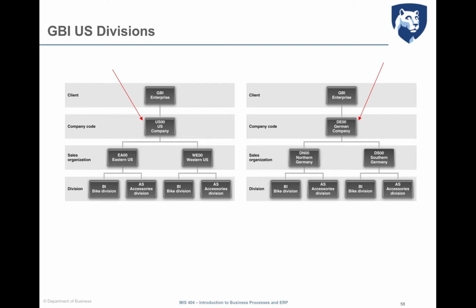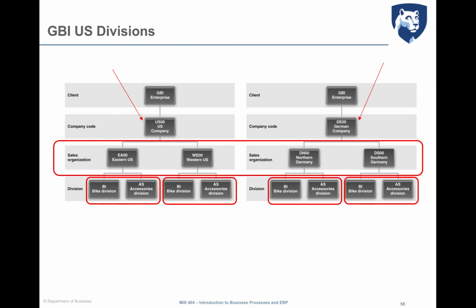This is just to give an idea of how the different areas of the company interact with each other. So don't get confused. GBI has 2 different companies, GBI US and GBI Germany, and has 2 sales organizations in each area, Eastern, Western, and Northern and Southern.